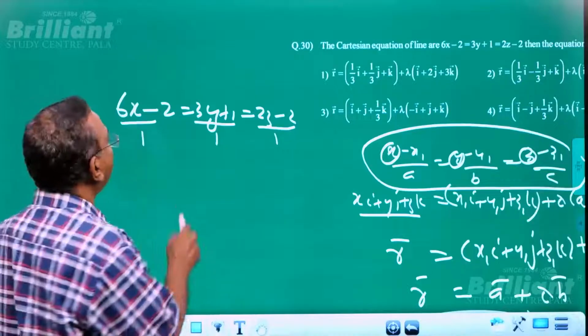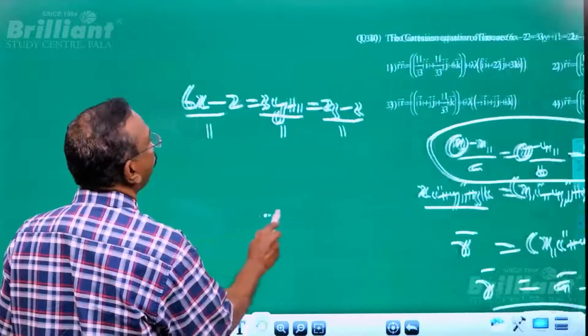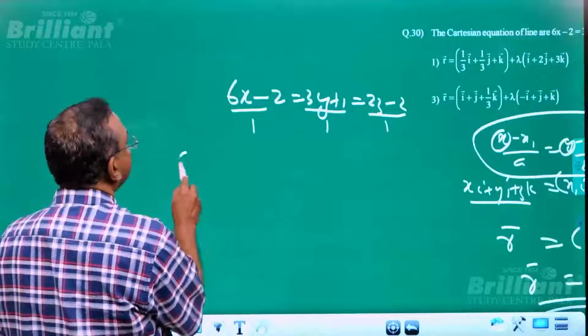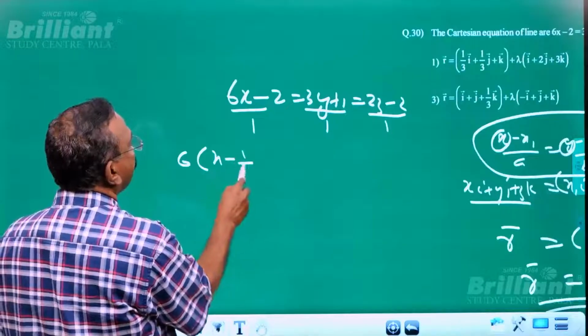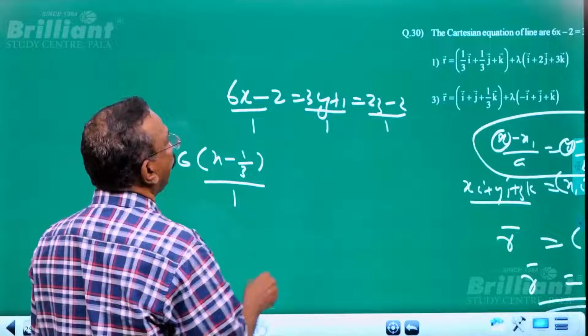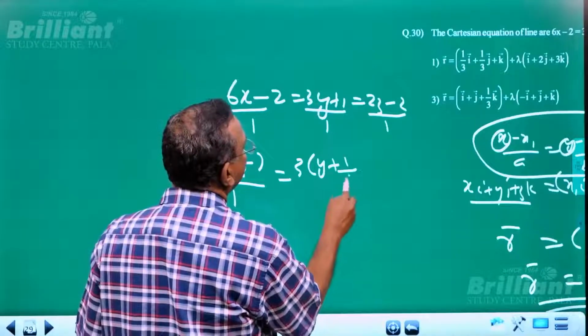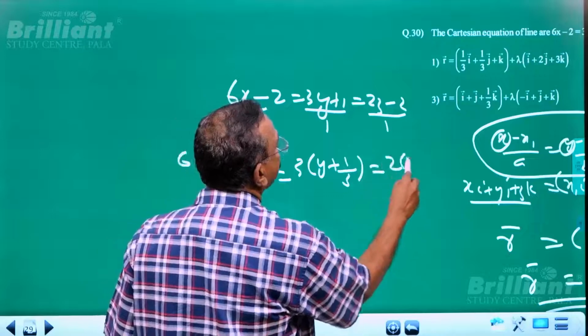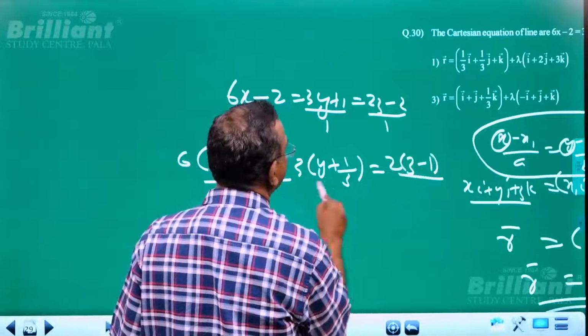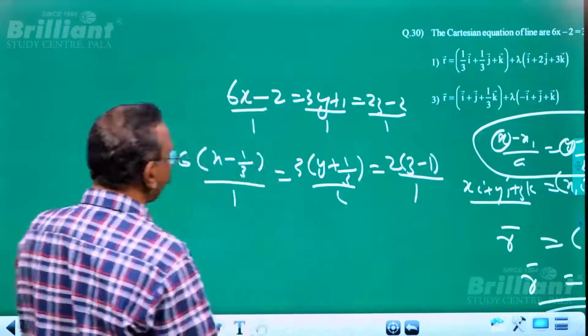So initially you can find that it is equal to 6 into x minus 1 by 3 divided by 1, equal to 3 into y plus 1 by 3, and this is equal to 2 into z minus 1. Now we can divide throughout by 6.